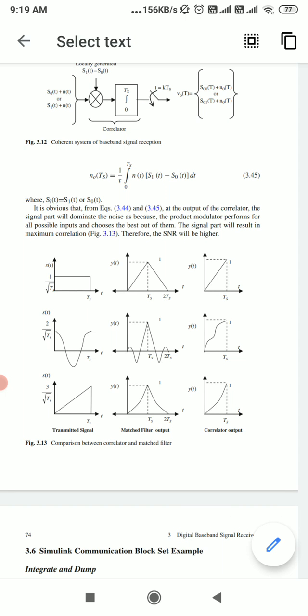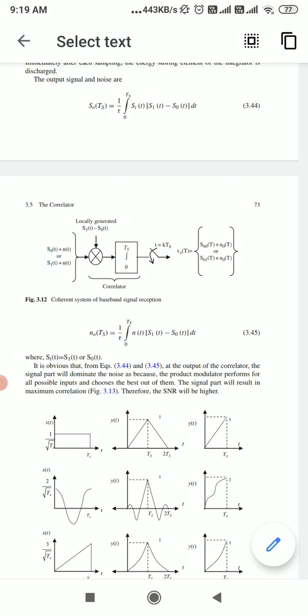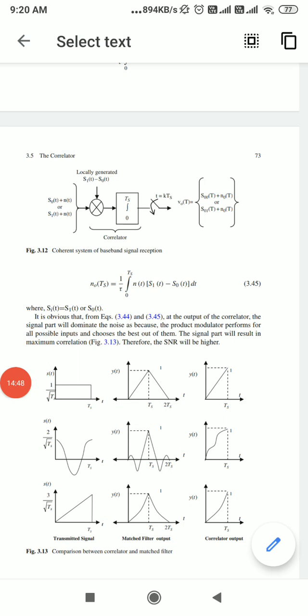Practically, if we use a correlator receiver, we need a multiplier and an integrator. When the transmitted signal is given as input to the receiver, it goes to the multiplier, which multiplies the input signal with the locally generated signal, and that output goes to the low pass filter integrator. You then get the output in sampled form. Here we have seen how we can use the correlator.